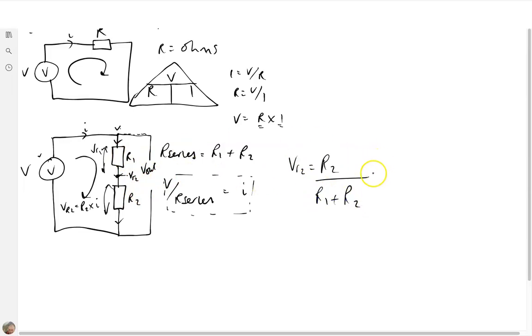Okay, and if we multiply that by our voltage source V, this here is a classic potential divider type equation.